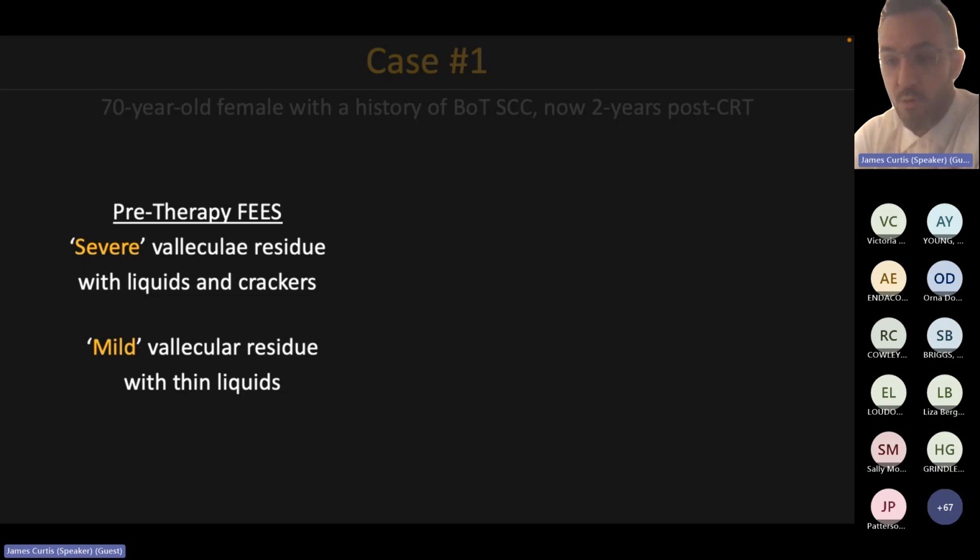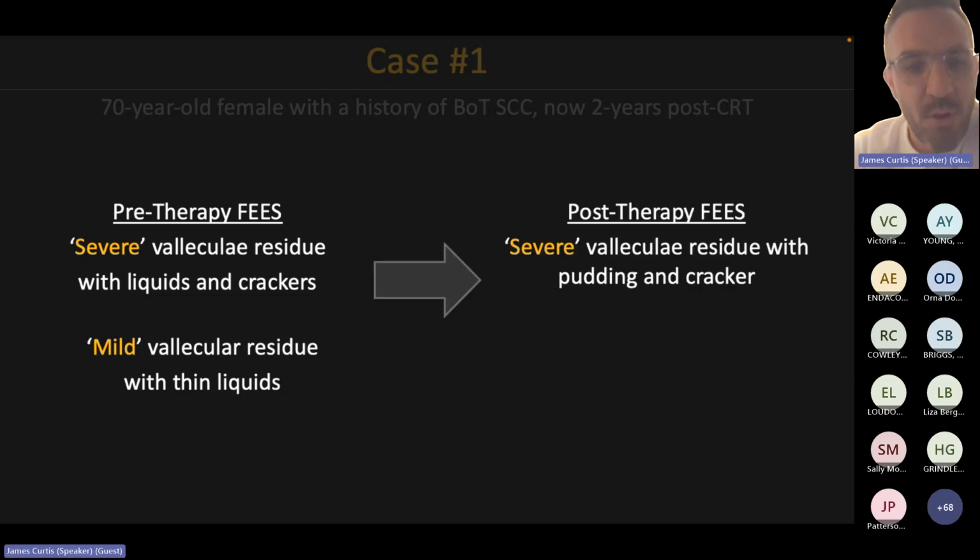Let's say before you started therapy, she came in with a FEES from an outside institution that revealed severe molecular residue with thin liquids and crackers, and a mild amount of molecular residue with pudding.